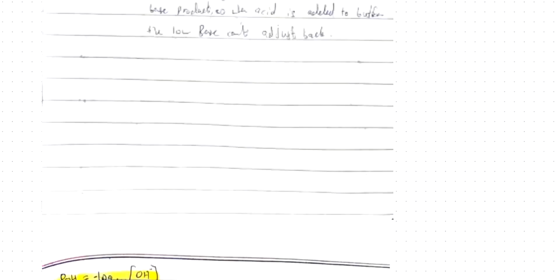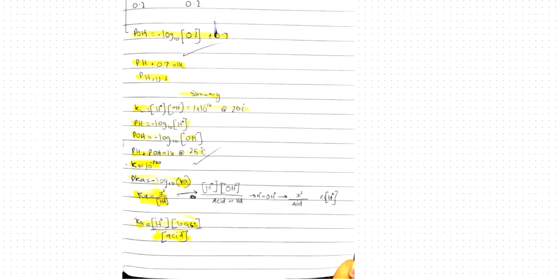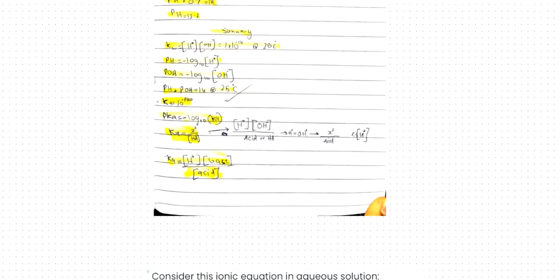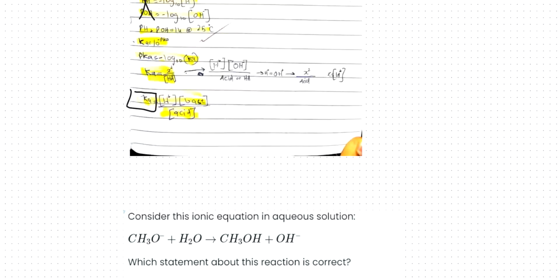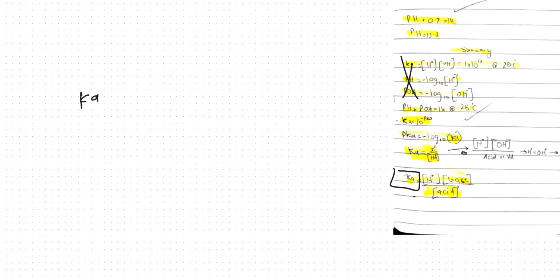So these are the formulas. I want to focus on one formula right here. You don't have to memorize all of these formulas, but I want to focus on Ka. There are two very famous symbols, called Ka and Kc.